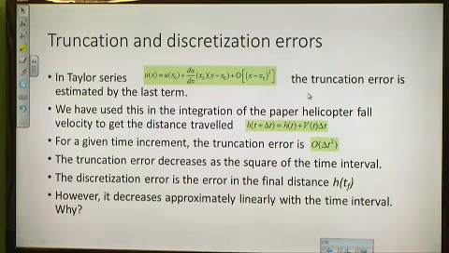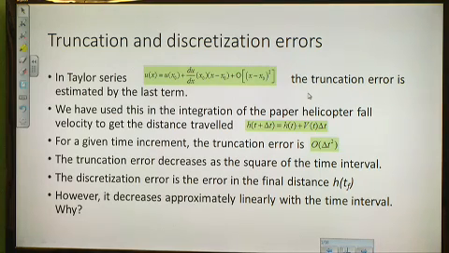We can be a bit more specific and instead of putting this order of, we can put one half the second derivative at some intermediate point between x and x0, and that's actually the term that we are neglecting.